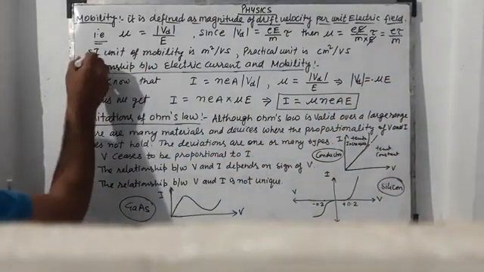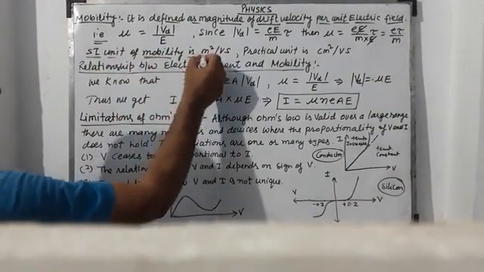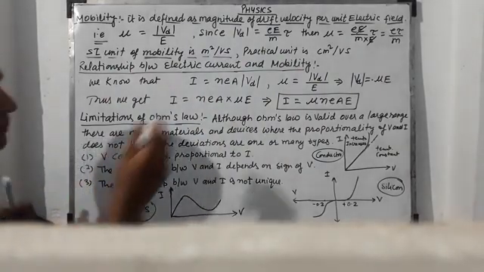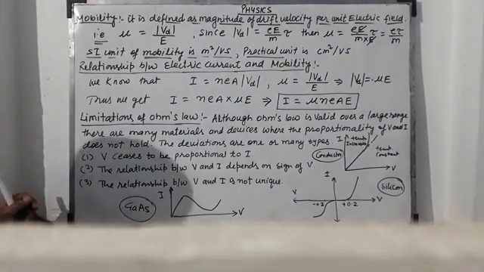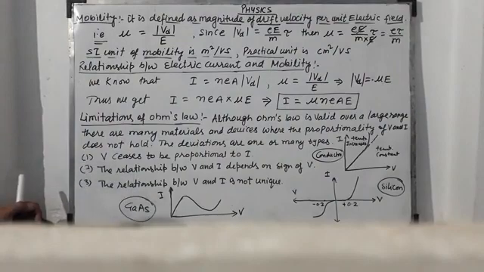The SI unit of mobility is meter square per volt second. The practical unit of mobility is centimeter square per volt second.